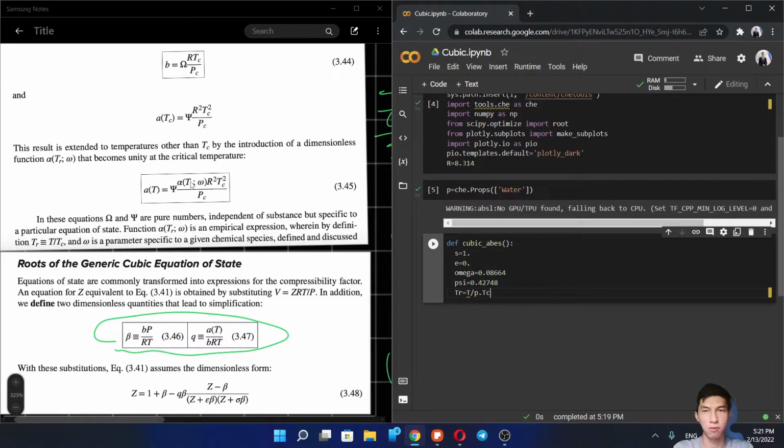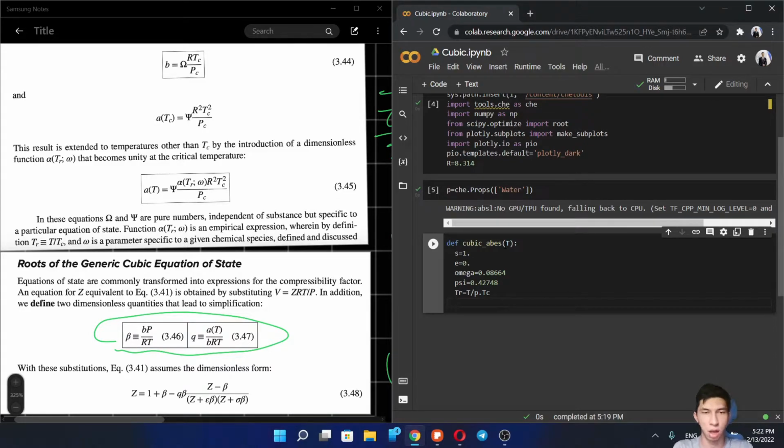We get that value from our CHE tools. So here we see we need the temperature value, so our function will get the temperature as an input. Okay, so we are done with T reduced.